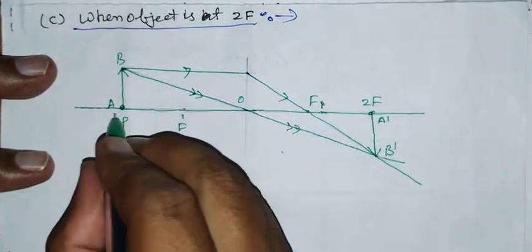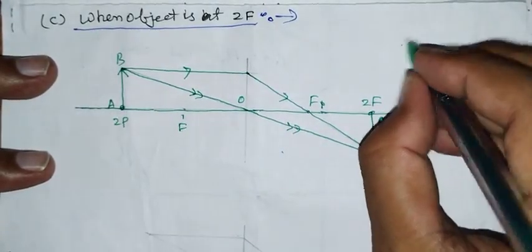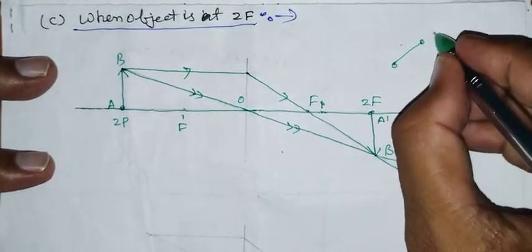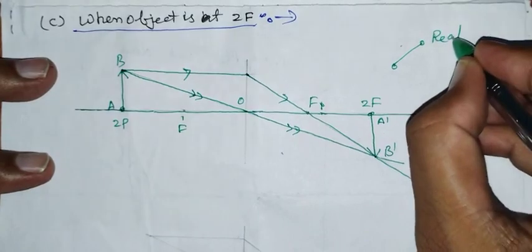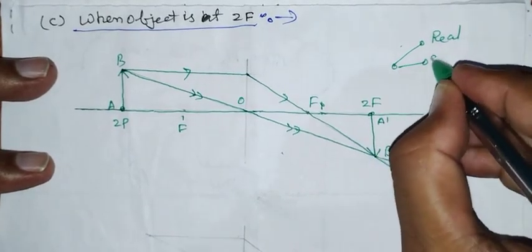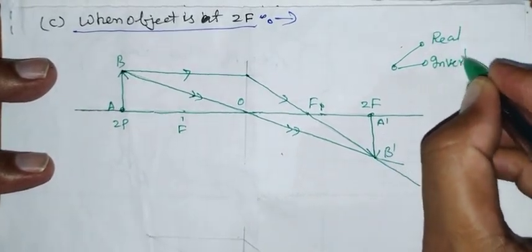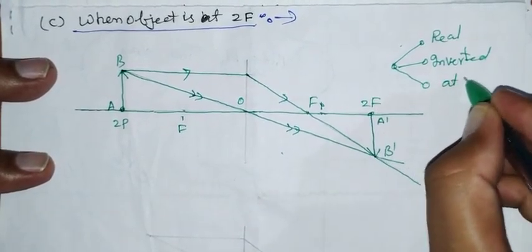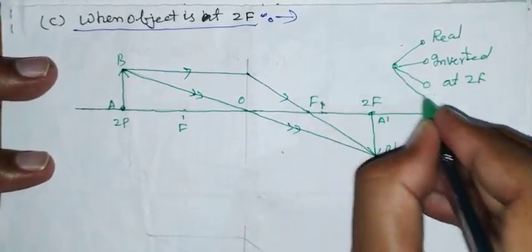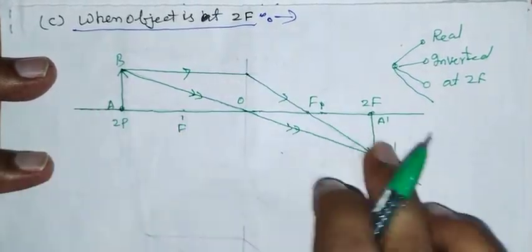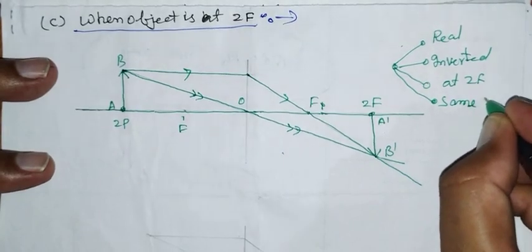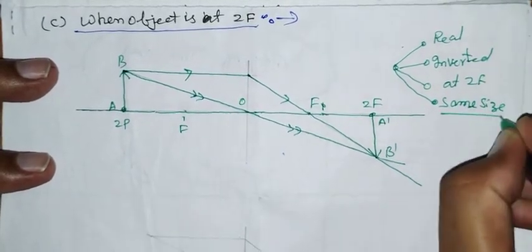Object is at 2f and the image characteristics you see: first of all, real; second, inverted; where it is formed, at 2f; and the size is also the same.